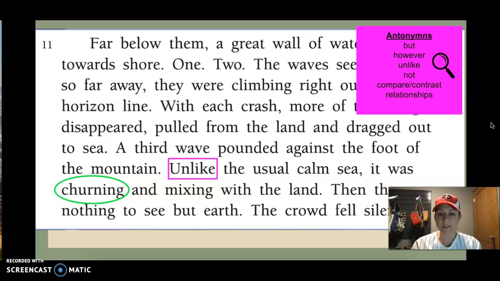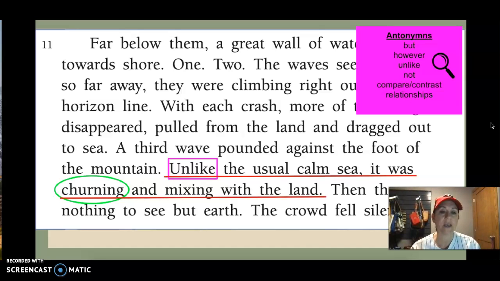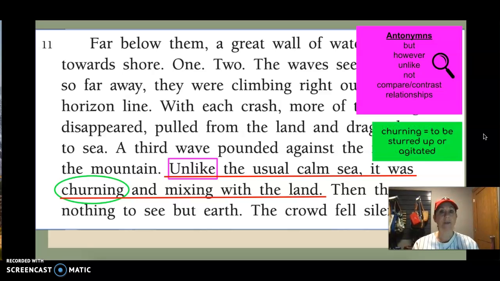Okay, so it's talking about, unlike the usual calm sea, it was churning and mixing with the land. Churning. So it's not calm. It's the opposite because we see that word unlike right there. So what do you think churning is? If you said to be stirred up or agitated or mixed up, although it does say mixing, you are right.